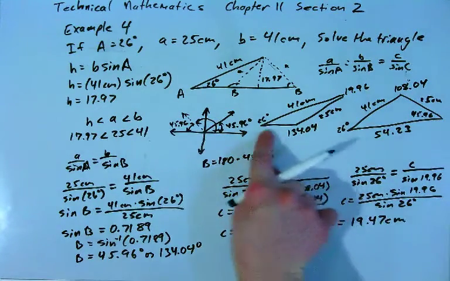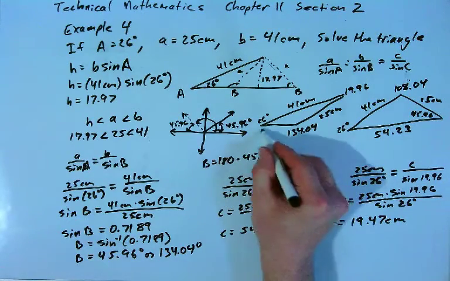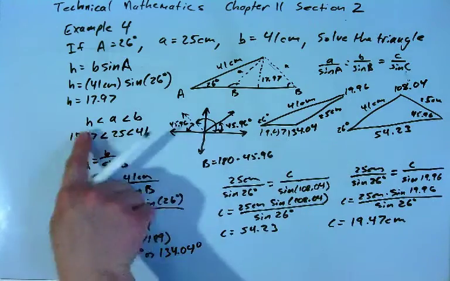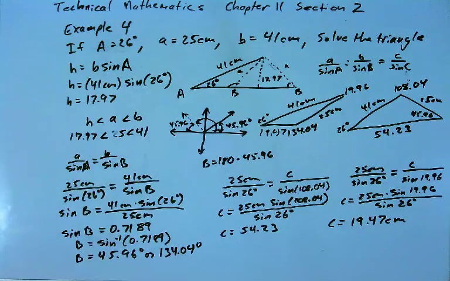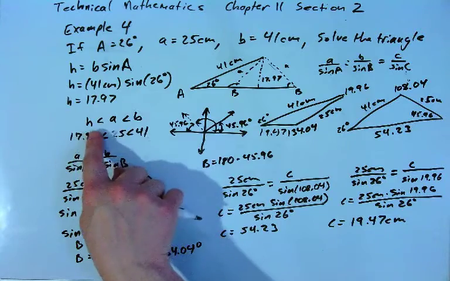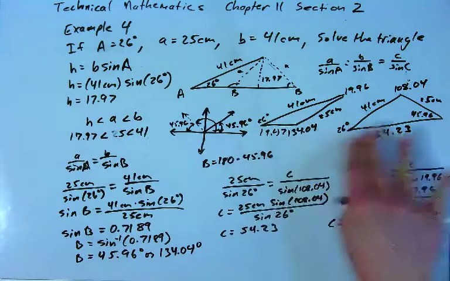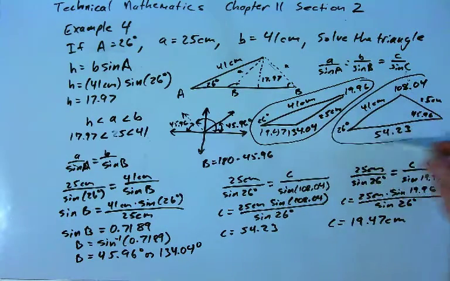And so in this triangle, you can see that the side c is much shorter, 19.47. Okay. And so just to recap, because a was greater than h, we calculated h from b times sine A. Because a was greater than h, but a was less than b, that means we had two possible triangles, and these are the two possible solutions that we've come up with.